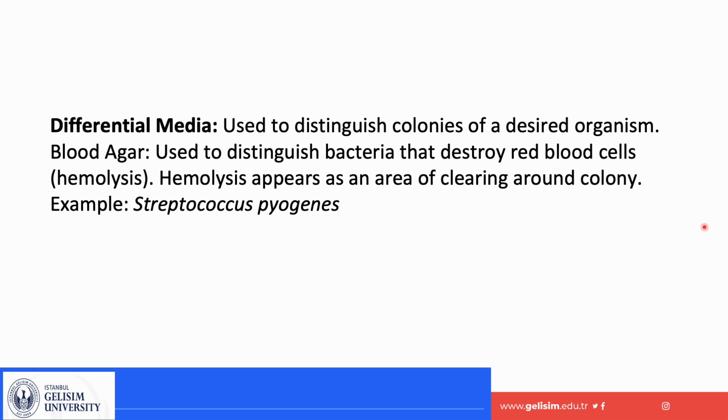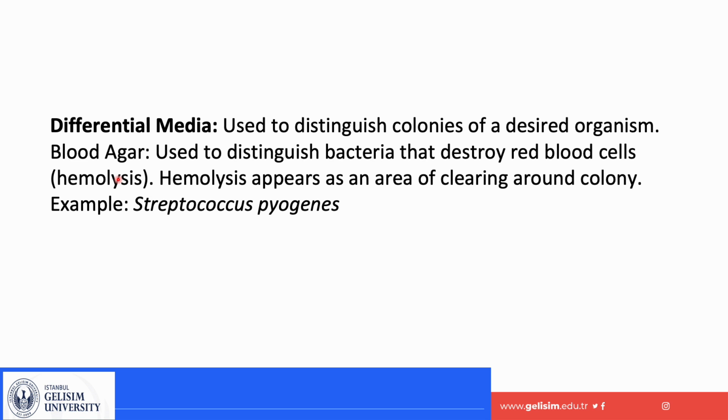Differential media is a type of culture medium that helps in differentiating between colonies of different microbes. One example of this type of media is blood agar. Blood agar is a differential media that's used to distinguish bacteria based on their ability to destroy red blood cells, a process that's known as hemolysis.